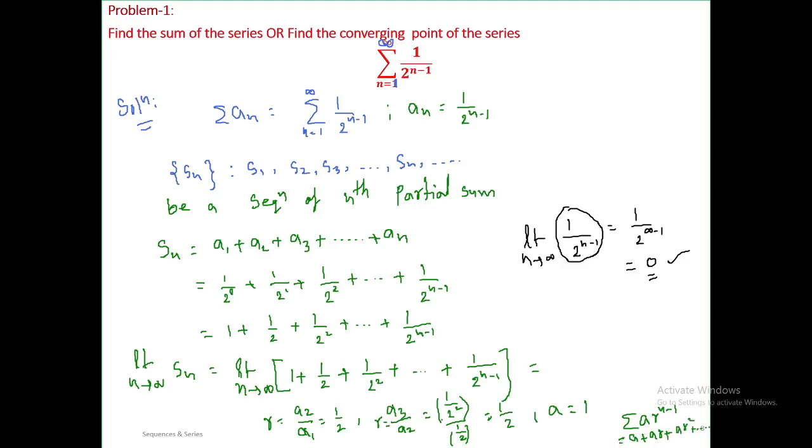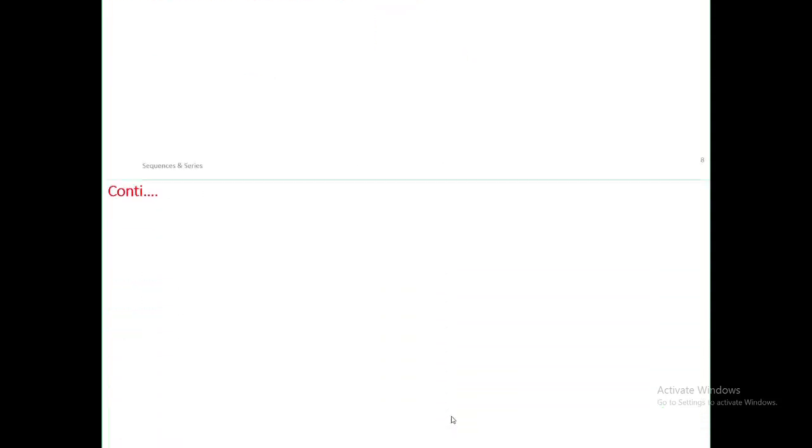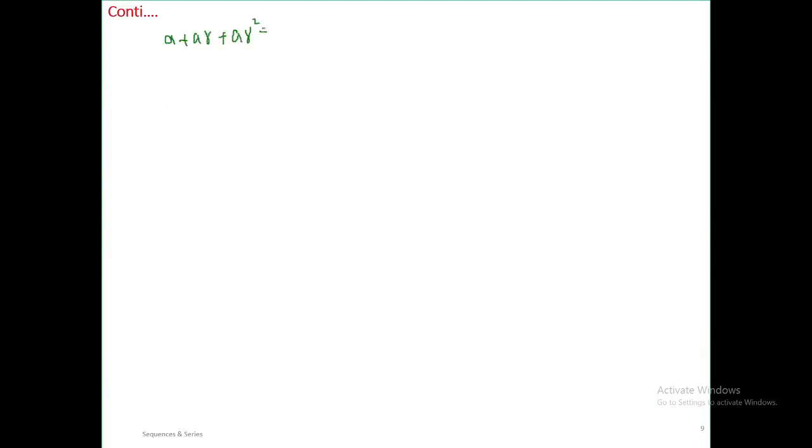Therefore, what is the formula now? The sum of the first n terms of a geometric series: a plus ar plus ar square plus up to so on plus ar^(n-1). Total how many terms? r power 1 means it is the second term, r power 2 means it is the third term, n minus 1 means it is the nth term.